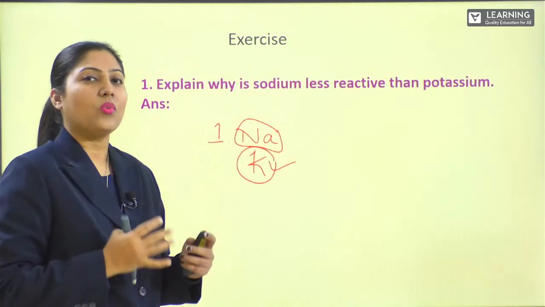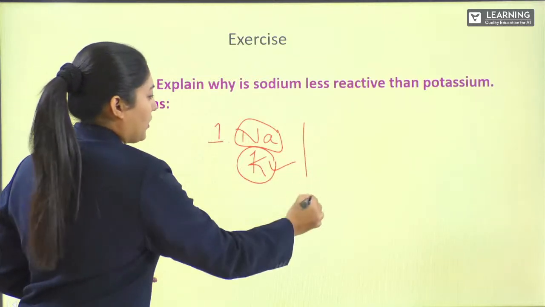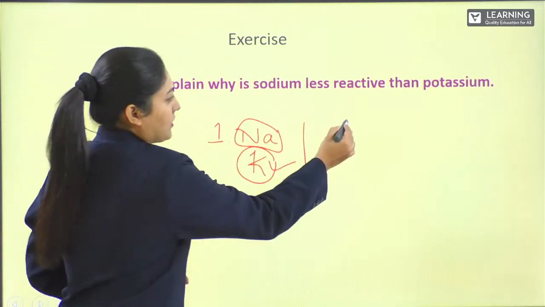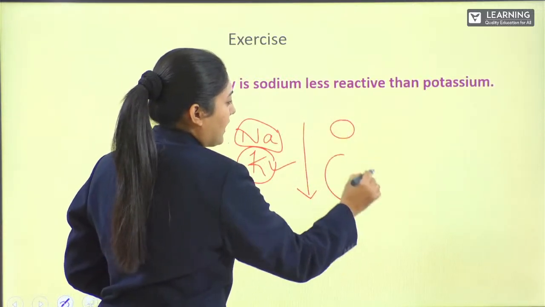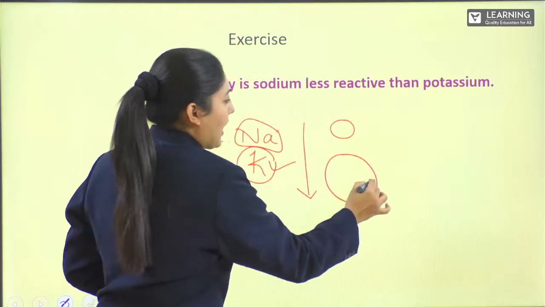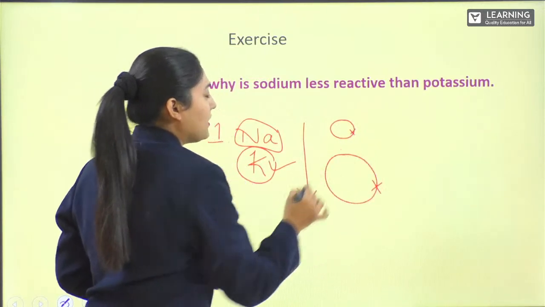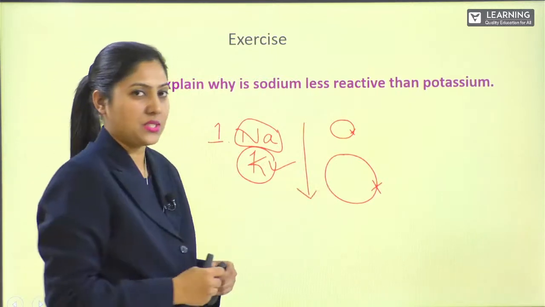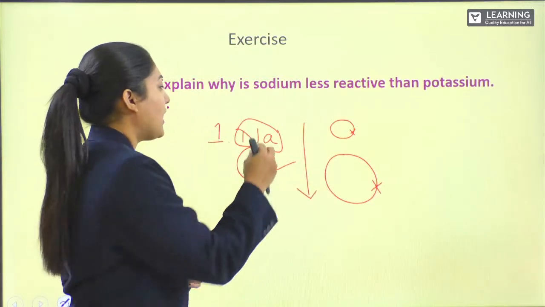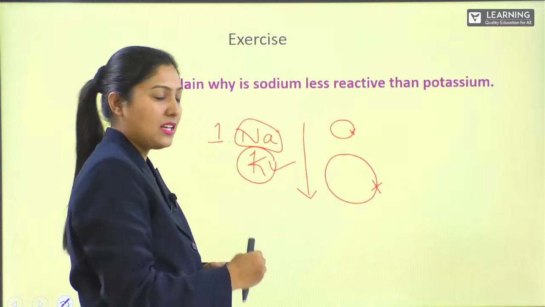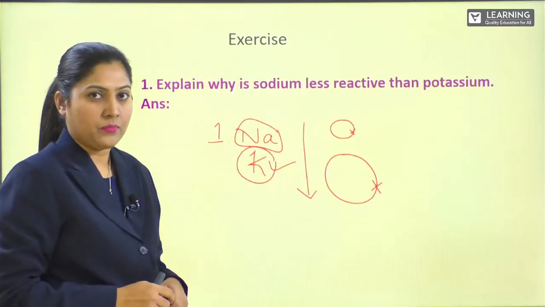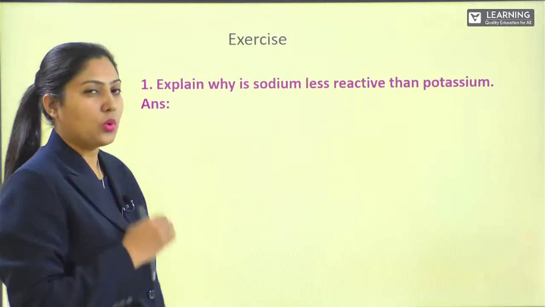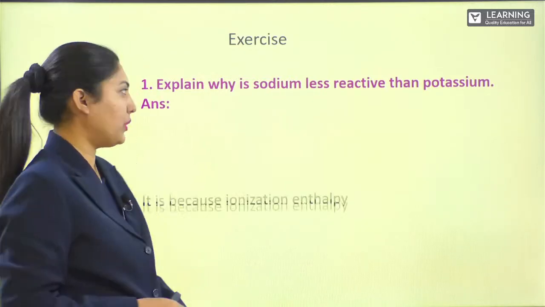The reason we can understand by this is that down the group, size increases. The sodium size is smaller than that of potassium, and the outermost electron in sodium is a bit difficult to remove than that of potassium. That means the ionization energy of potassium is less than that of sodium. So that makes the reactivity of sodium less than that of potassium.